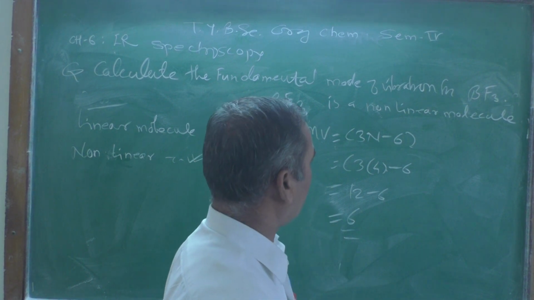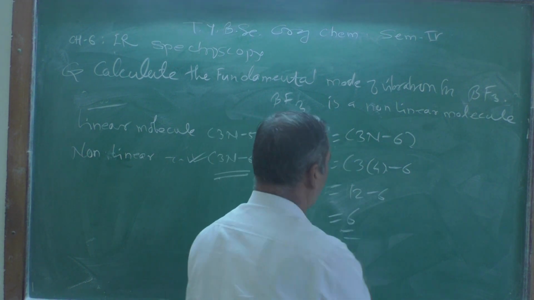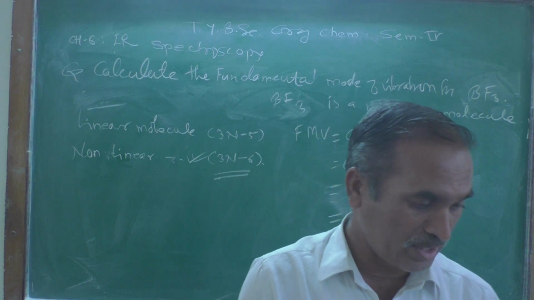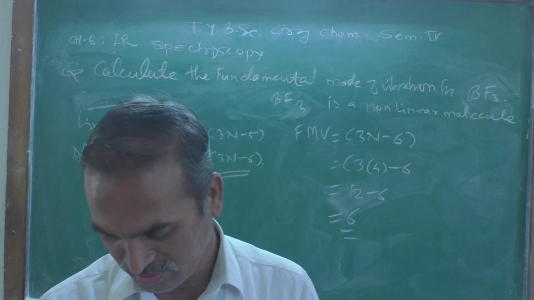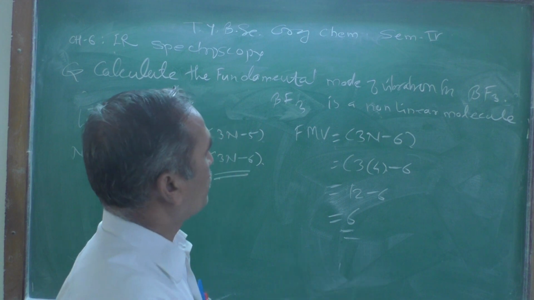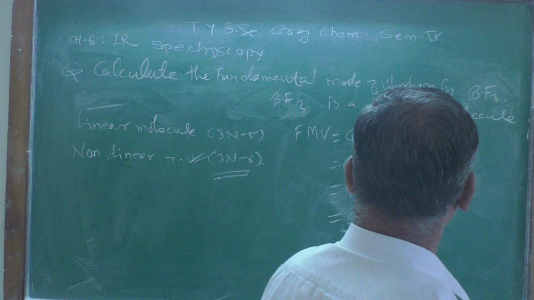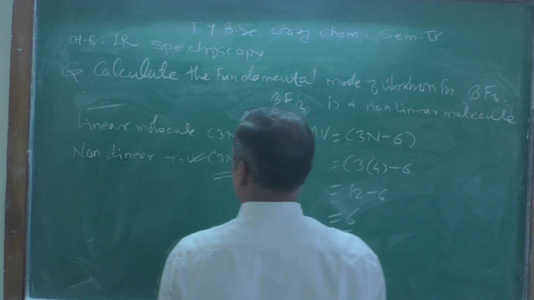You can calculate in this way. So there are 6 fundamental modes of vibration present. In this way we can easily find out what fundamental modes of vibration are present.